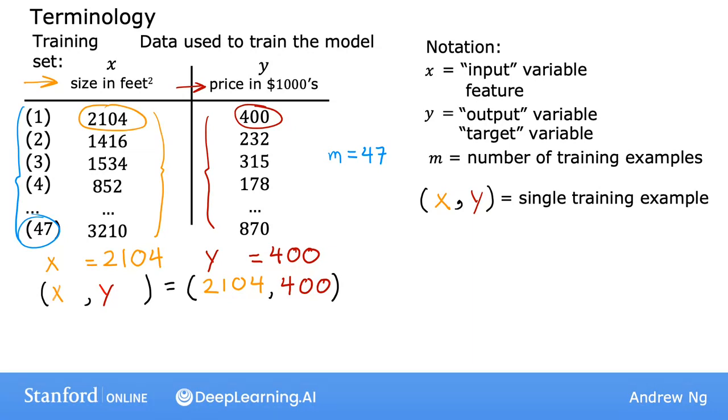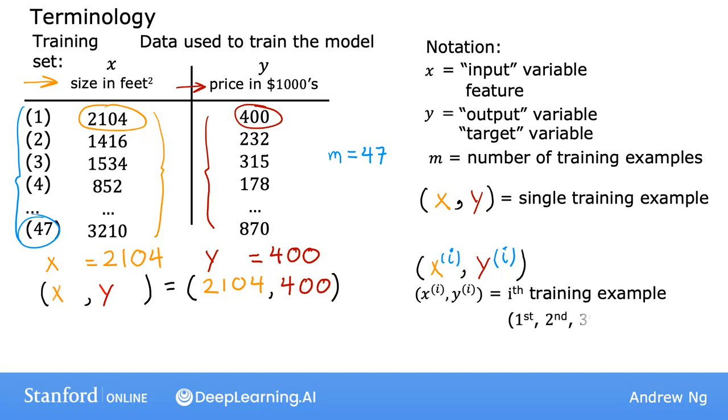So to refer to a specific training example, which will correspond to a specific row in this table on the left, I'm going to use the notation x superscript (i), comma, y superscript (i). The superscript tells us that this is the ith training example, such as the first, second, or third, up to the 47th training example. i here refers to a specific row in the table.